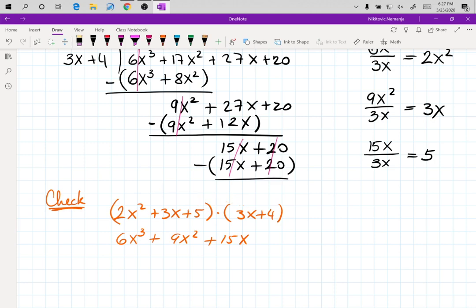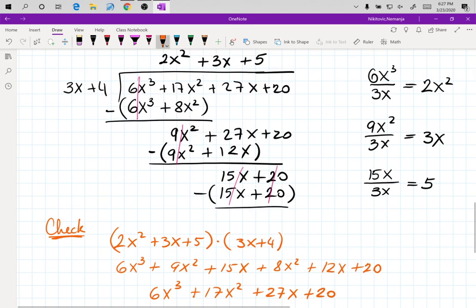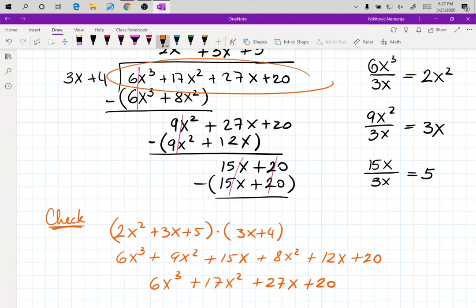And then we are taking 4 into all three of these. So that's going to be plus 8x squared plus 12x plus 20. And now we collect like terms. 6x cubed has no like term. 8 and 9, that's plus 17x squared. 15 plus 12 is plus 27x plus 20. And as you can see, that's exactly what we had when we started.